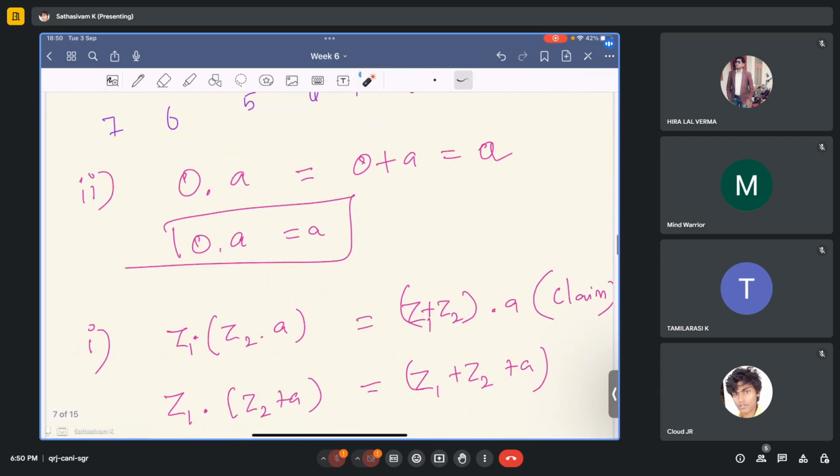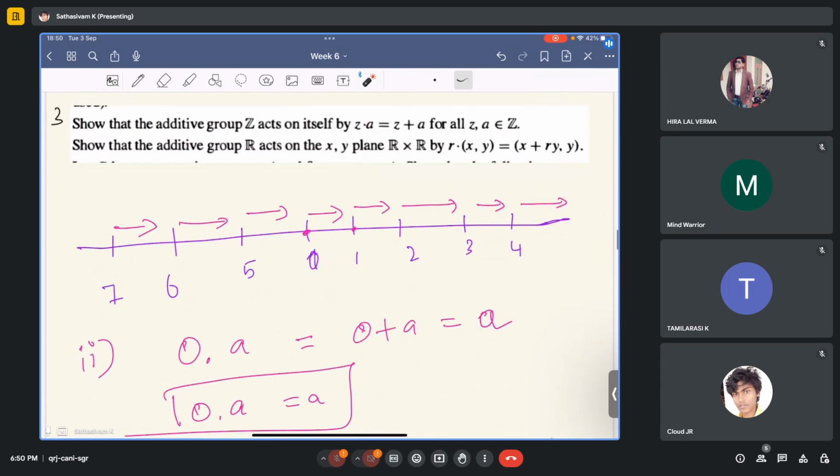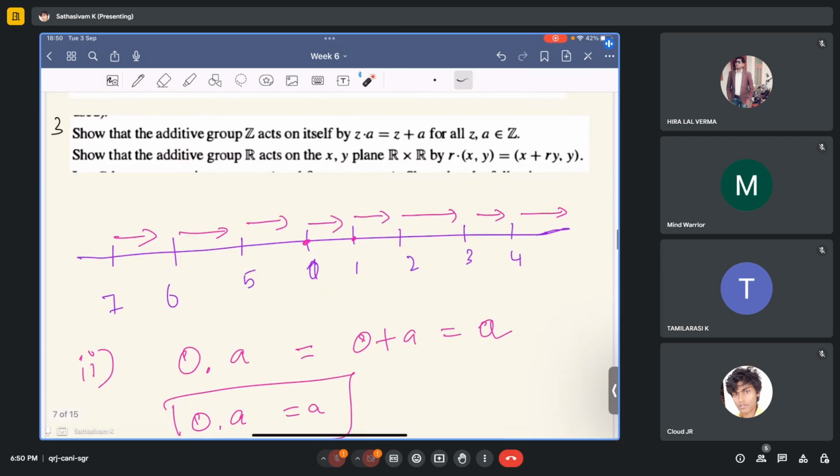So in this case, if you go here, this is the relation, right? Z acts on itself. Whether these two elements are related: yes, these two are related. Because this one takes 0 to 1. 1 times 0 is nothing but 1 plus 0, which is 1.